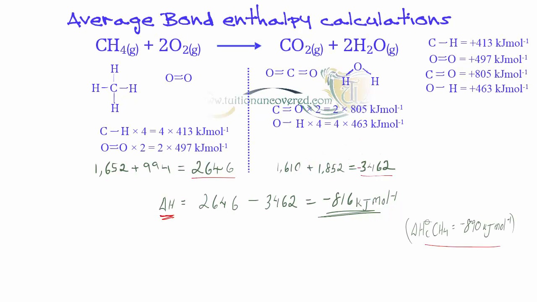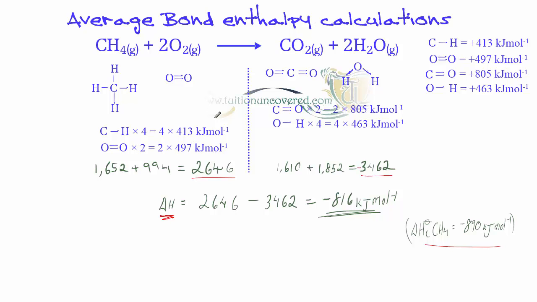So, hopefully you've had a chance to pause the video and think. It's important for exams to be able to justify why this difference occurs. This is a less accurate answer. This average bond enthalpy calculation refers to bonds and their values when looking at many different environments.